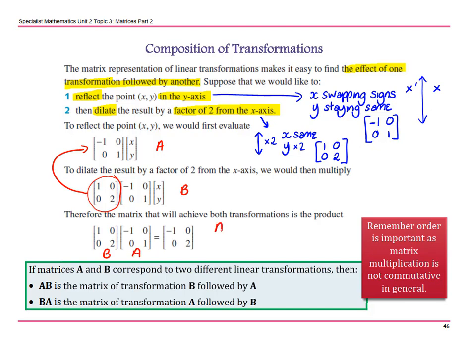So if you want A and then B, you are going to multiply by BA. If we went the other way, we wanted B and then A, we'd have to multiply by AB. So remember, the order is really important in matrix multiplication because it's not commutative in general. So you have to remember that it's in the opposite way.